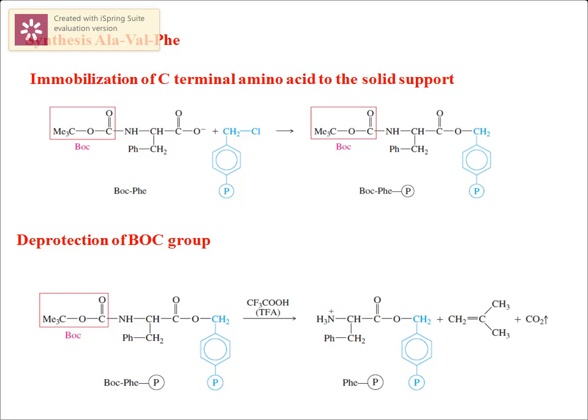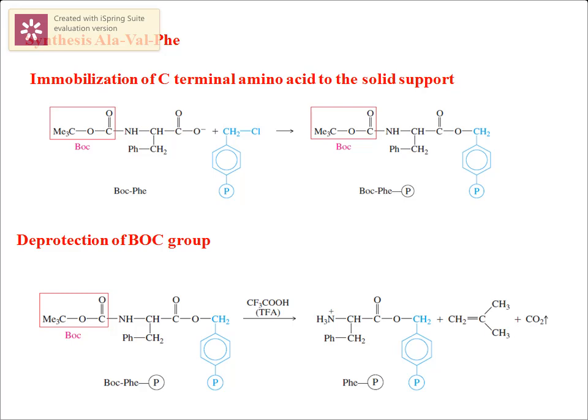So you take the first amino acid, phenylalanine, in which the NH2 group is protected using BOC, tert-butyloxycarbonyl, and there is a free COOH group. As the name implies, solid phase peptide synthesis contains a solid support. Normally, the solid support is polystyrene based.